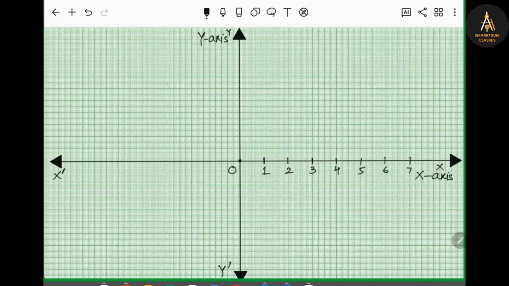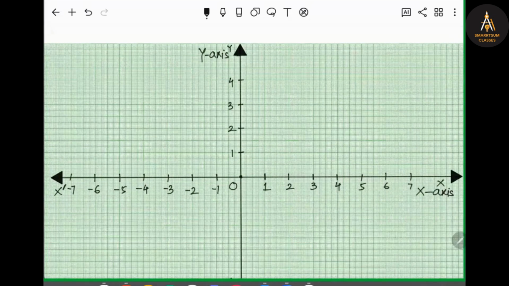Similarly, on the other side, -1. They should be equidistant. Remember, they should be equidistant. -3, -4, whatever scale you have taken, accordingly you have to write down these values. -6, -7. Now similarly on the y-axis, again I'm taking 1 centimeter square box as 1 unit. So this is 1, 2, 3, 4, and this is 5.